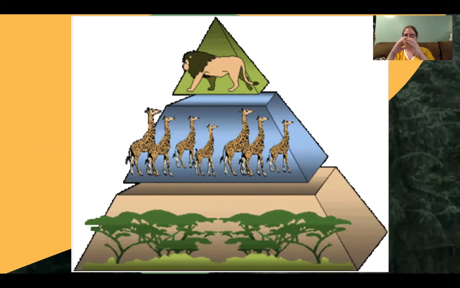So it'd be like a small base and then a large top. Well, that means that these giraffes are going to eat all of the food. Well, when they eat all of the plant life, then that means that there's no more plant life, which now the giraffes are going to starve. And since the giraffes are going to starve, that means the lions are going to starve.